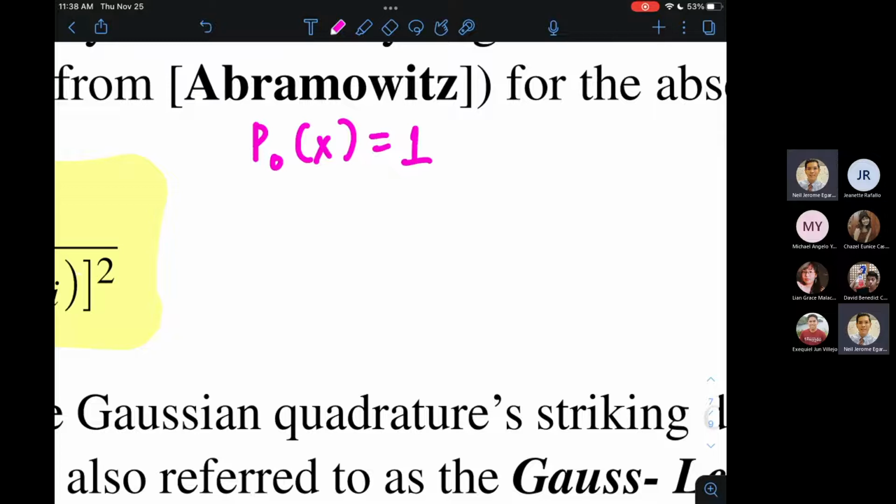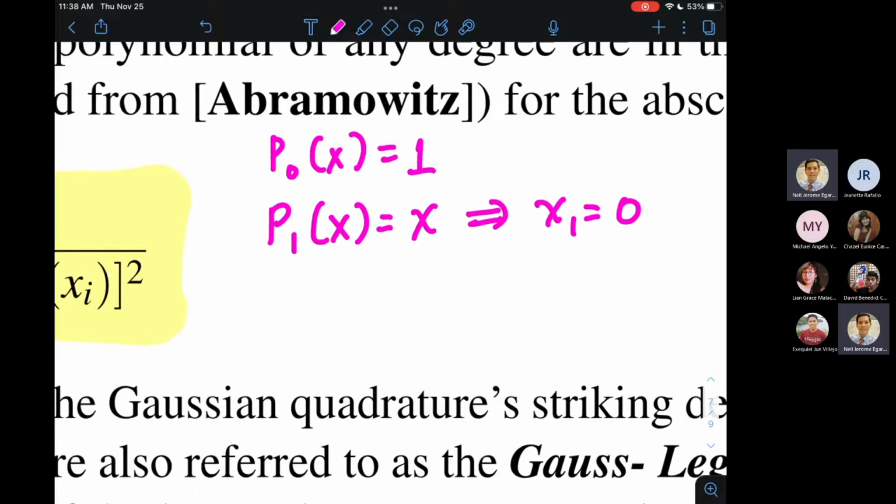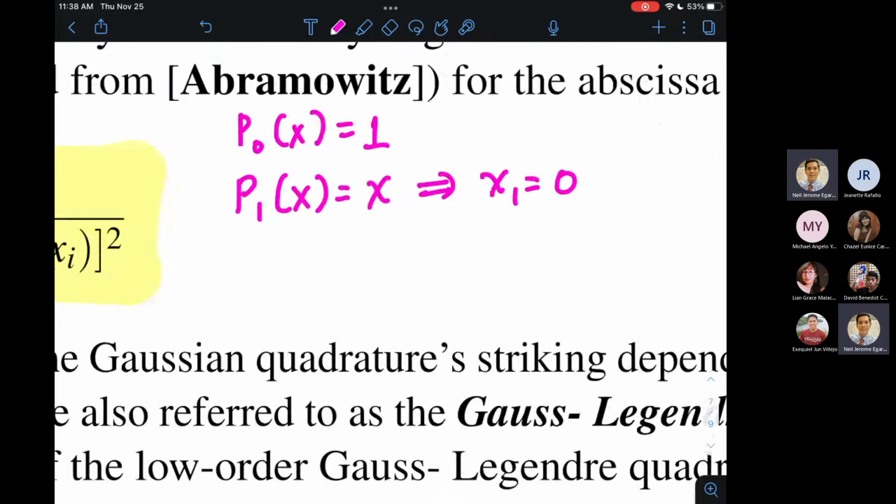But if you want a Gaussian quadrature rule using 1 point, instead of solving the system we have seen last time, we can look at the degree 1 Legendre polynomial, which is actually just x. The root of this first Legendre polynomial is 0, making x sub 1 equal to 0. Okay? Then what is the associated weight?